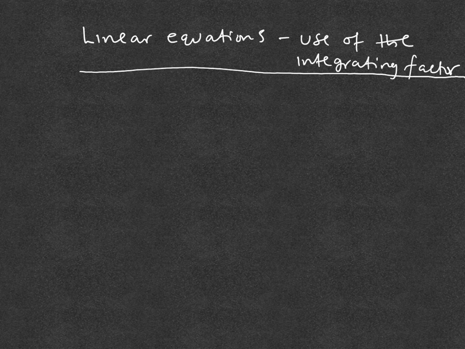clear. Okay, remember in the first lesson, in the second lesson we talked about equations of the form dy by dx is purely a function of x. We say this is by direct integration.